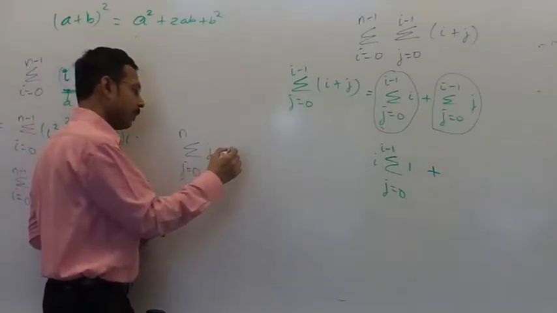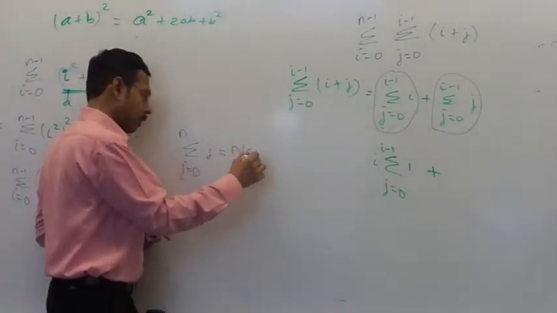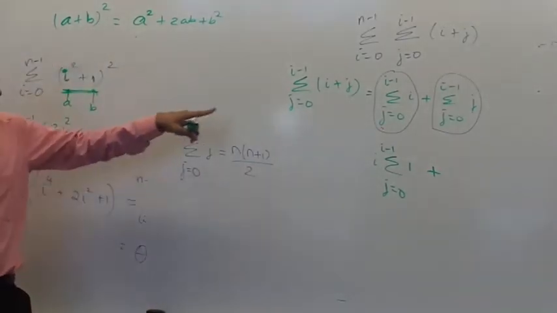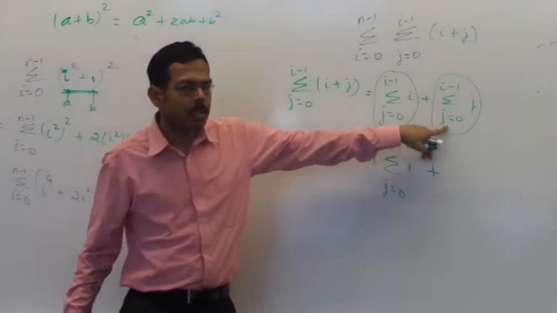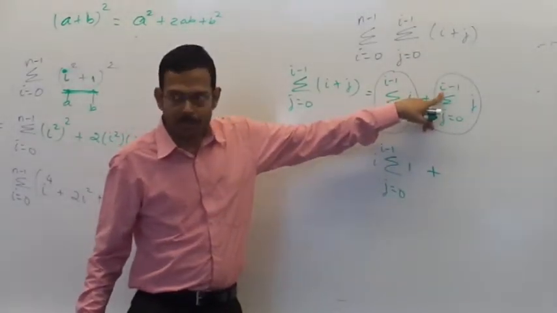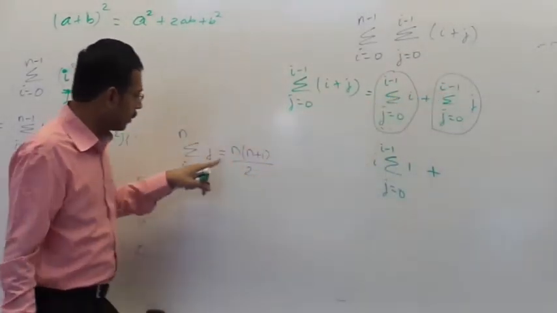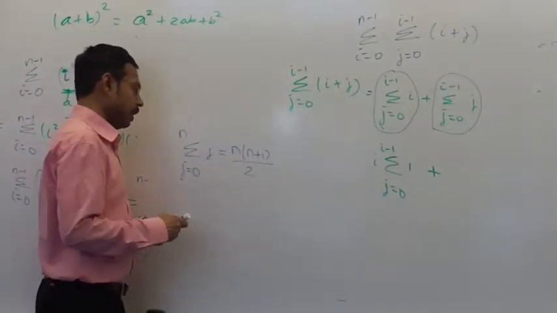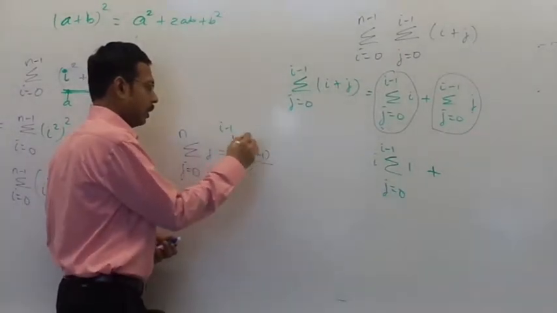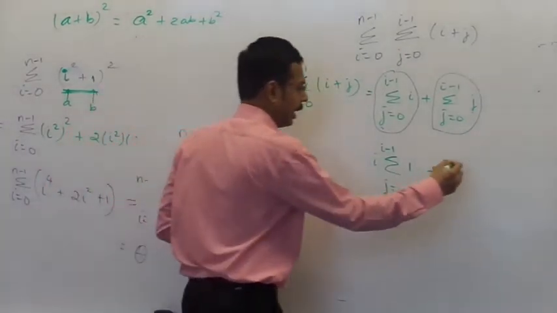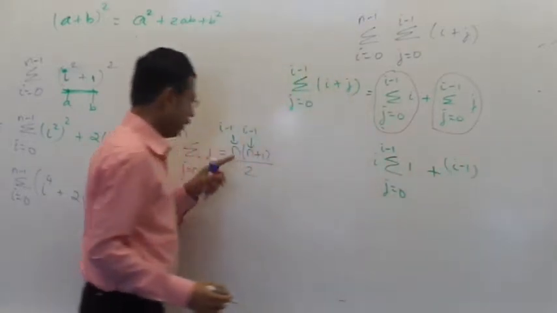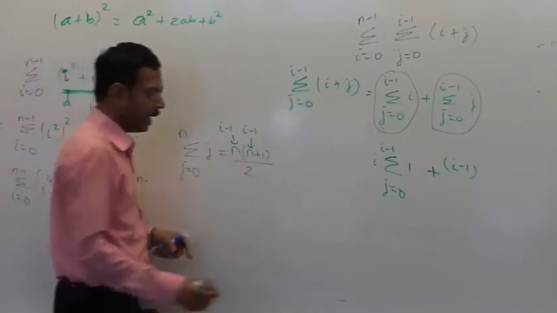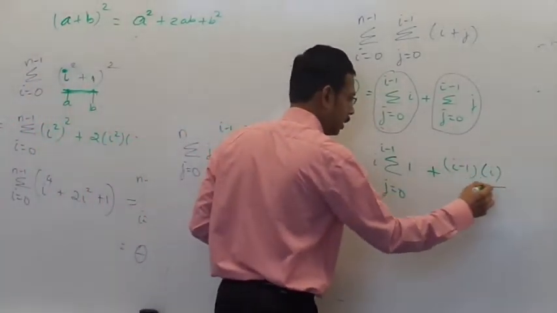That is what? n times n plus 1 over 2. So instead of n here, for the second summation we have what? i minus 1, right? So apply i minus 1 for n. That should be i minus 1 times i minus 1 plus 1, so that should be i, over 2.